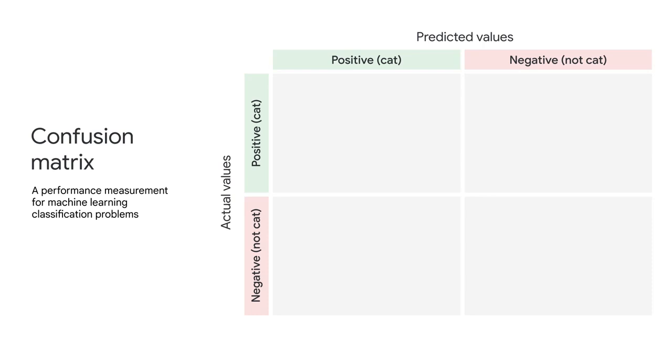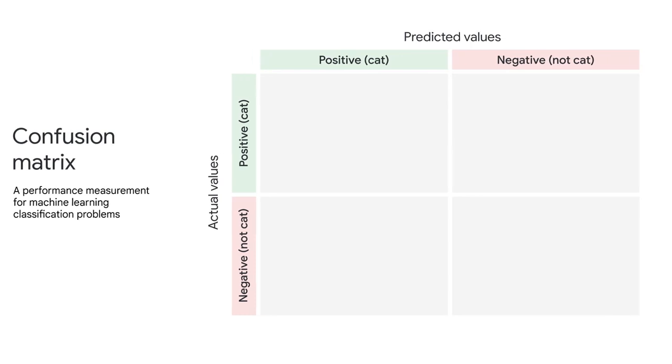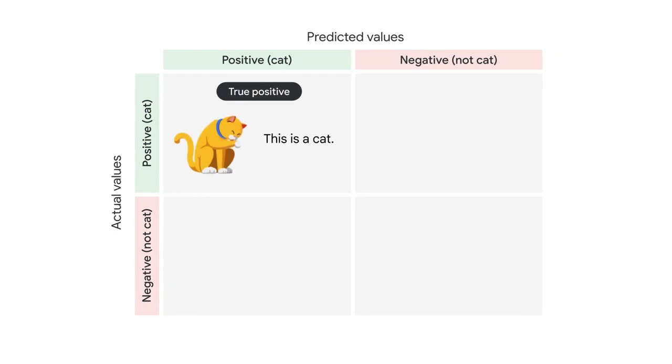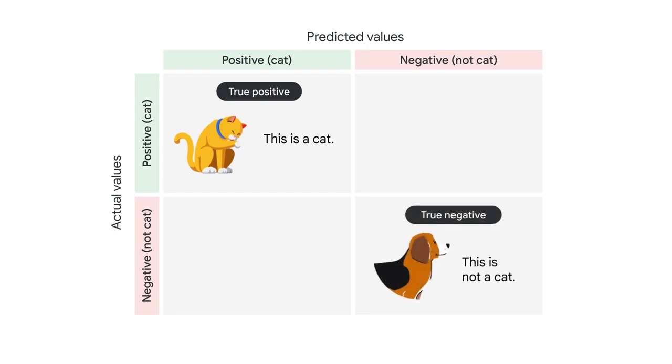To keep things simple, we assume the output includes only two classes. Let's explore an example. The first is true positive, which can be interpreted as the model predicted positive, and that's true. The model predicted that this is an image of a cat, and it actually is. The opposite of that is true negative, which can be interpreted as the model predicted negative, and that's true. The model predicted that the image is not a cat, and it actually isn't.